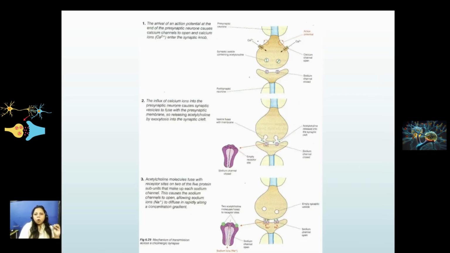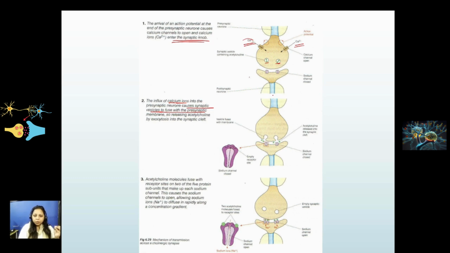First of all, these are the synaptic knobs, and calcium enters through these synaptic knobs, causing the vesicles to fuse with the membrane. So the calcium ions cause the vesicles to fuse with the presynaptic membrane.